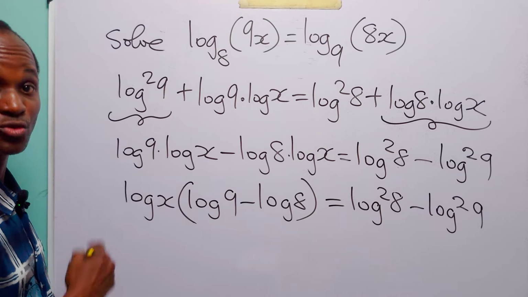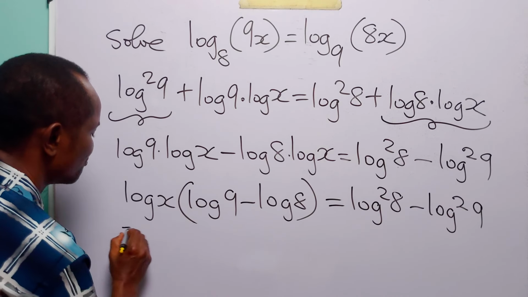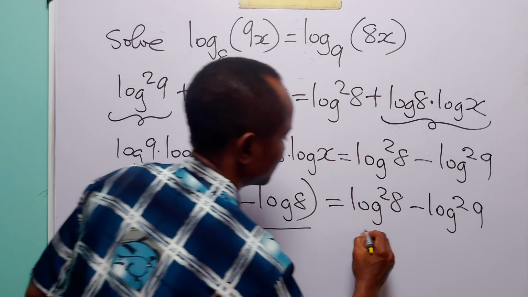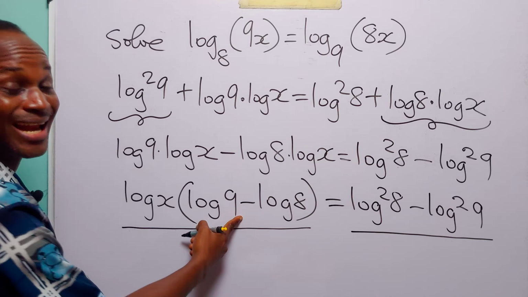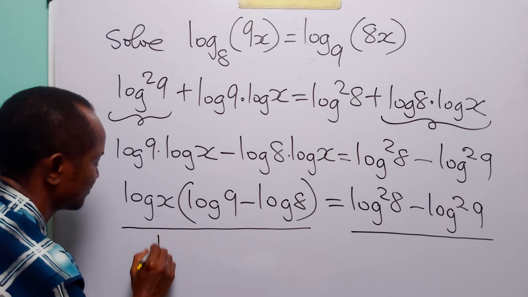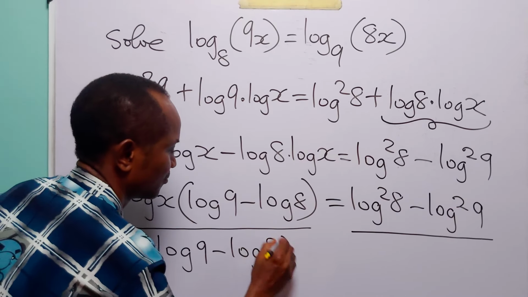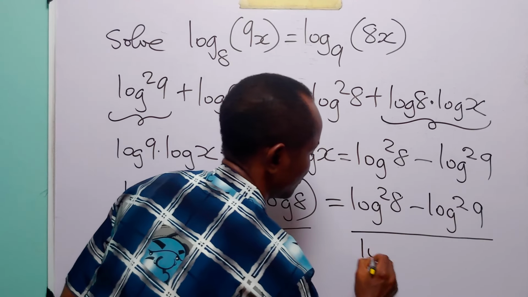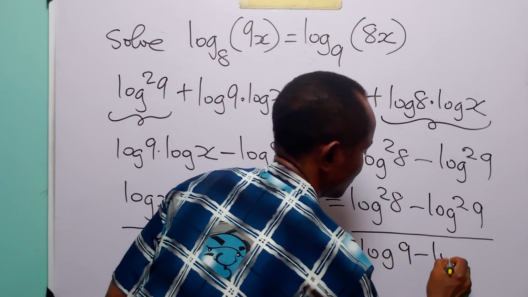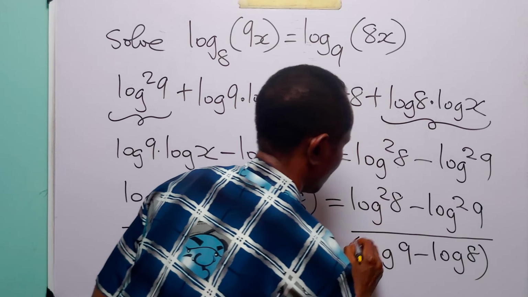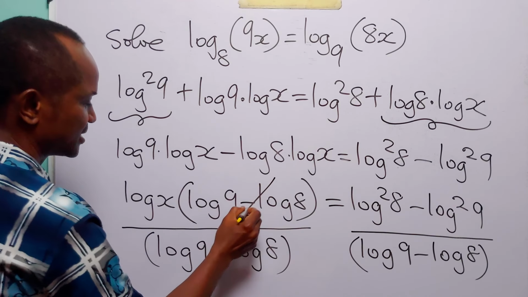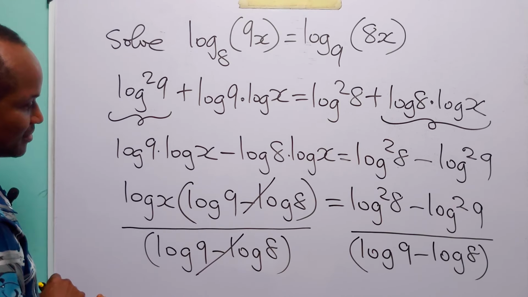Now, the next thing we are going to do, of course, is to divide both sides of this equation by log 9 minus log 8. And of course, this is going to take care of that.